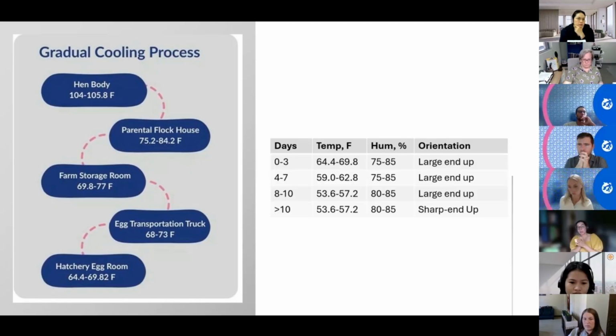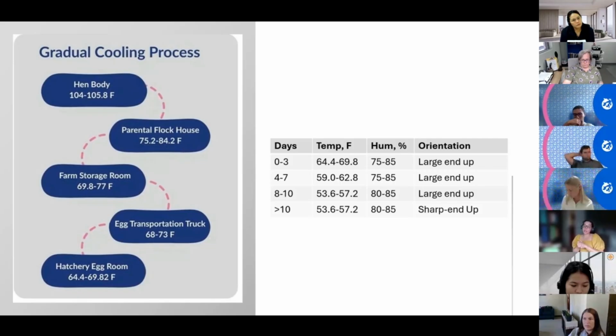We need to keep the temperature very close, because during transportation, if it gets warmer, the environment is warmer than the temperature of the egg, which can cause sweating. That makes condensation around the eggs, and that really represents a huge problem of contamination. So the temperature is very important to manage since the breeder farms.